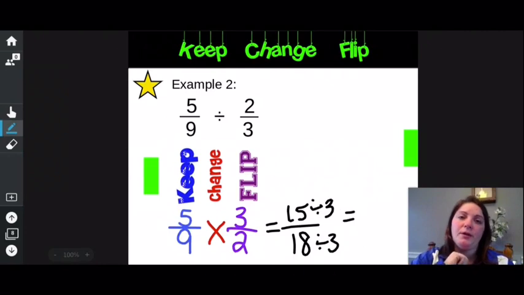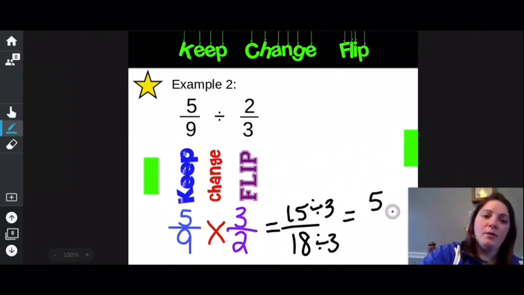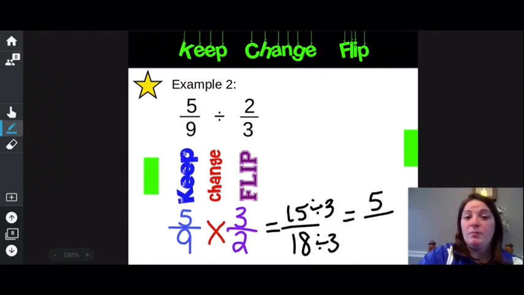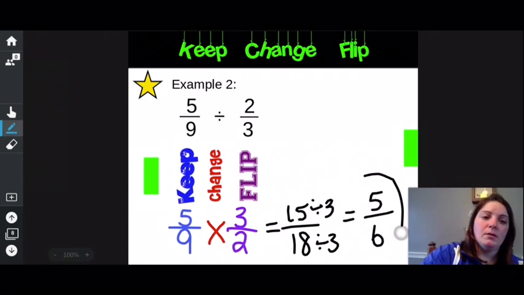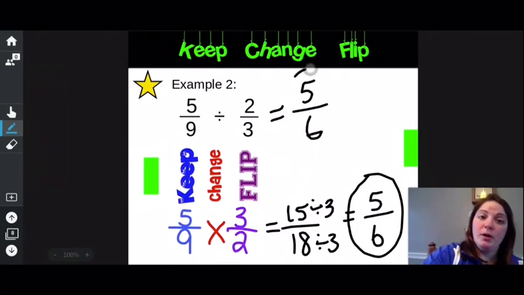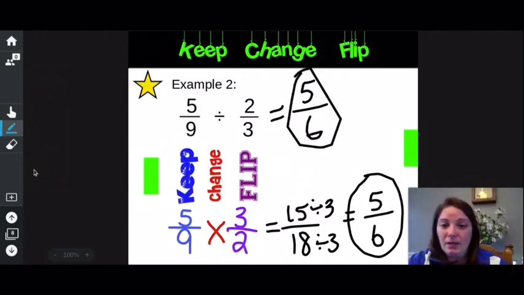What's 15 divided by 3? 5. And what's 18 divided by 3? 6. So 5/6 is the answer to our original problem. And even after we did keep, change, flip, it's the answer to that multiplication problem.